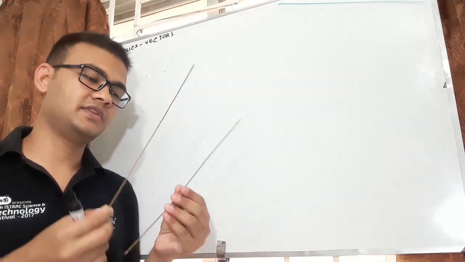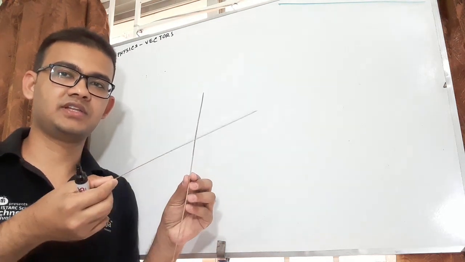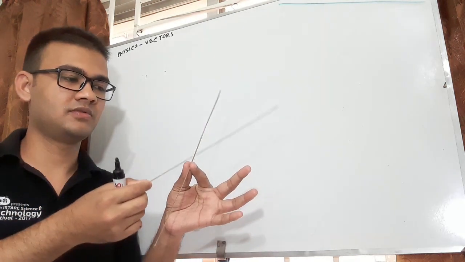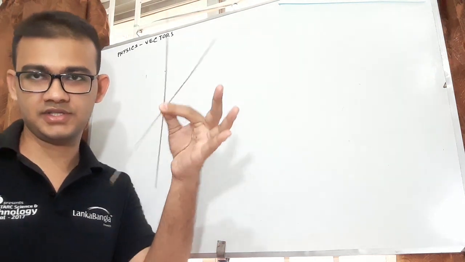So if these two lines are not parallel, then they have to create an angle. Suppose this is the angle, and I am taking these two as the intersecting vectors or intersecting lines. Let's see.